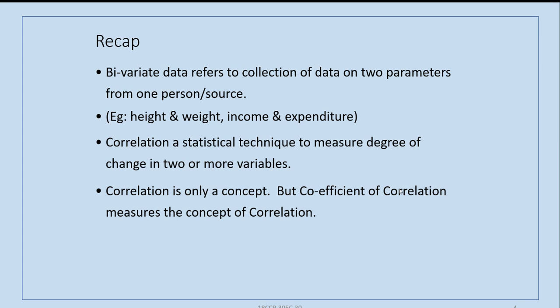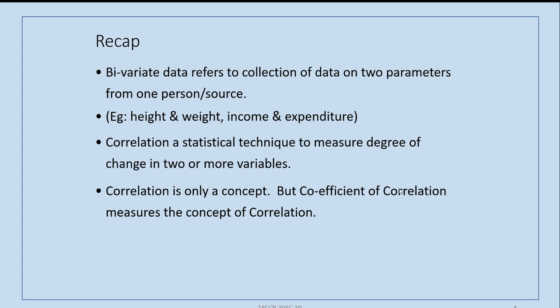Correlation is a statistical technique. So we have seen in the last lesson what is actually correlation, the definition of correlation, etc., in which we have seen the correlation is a statistical technique which is used to measure degree of change.